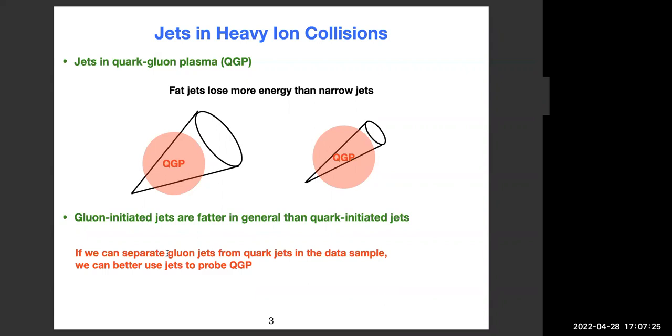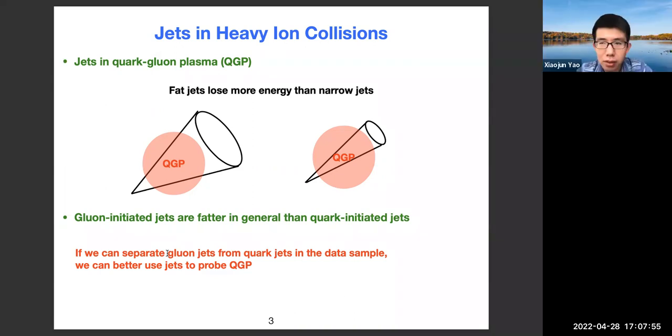Xiaojun, can I ask one quick question? Sure. There is a color factor for the gluon. If the initial parton is a gluon, it can interact with the medium a little bit more because of this extra color factor, and that already will give you more energy loss in the gluon jets, right? So are you saying this is an effect on top of that? Yes, right.